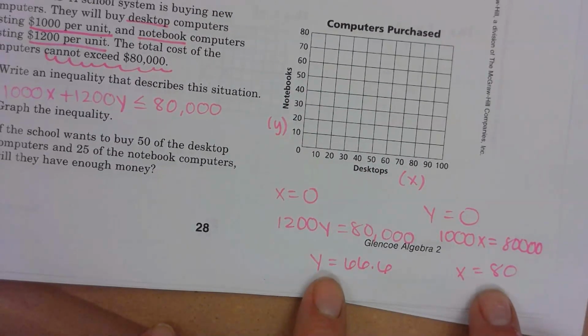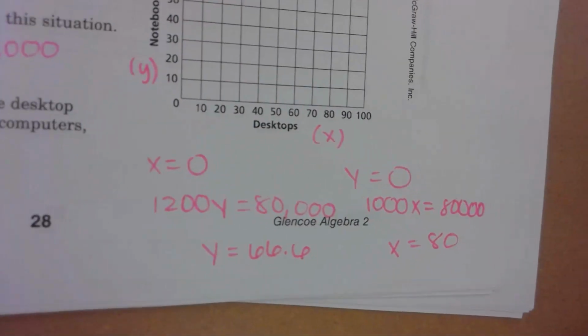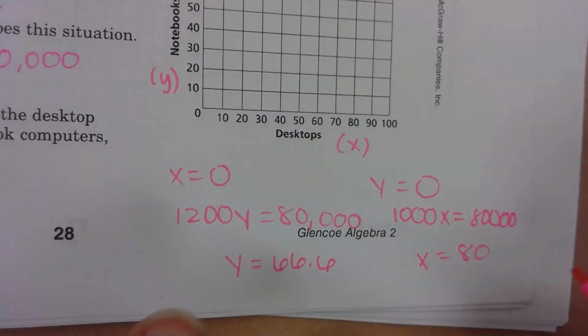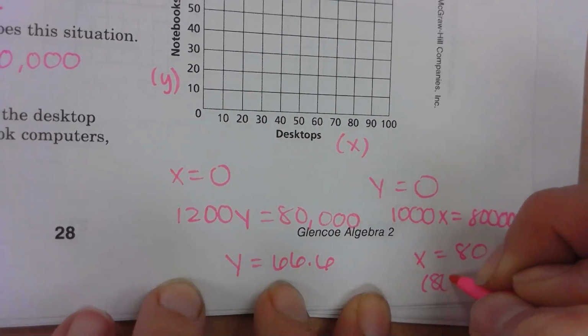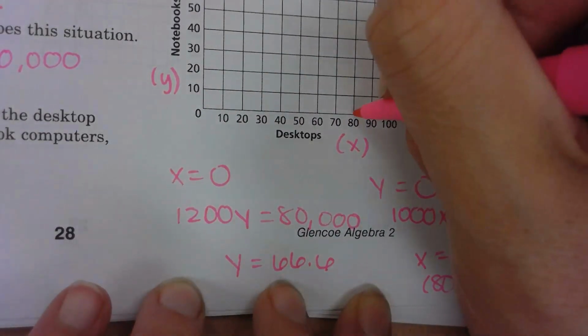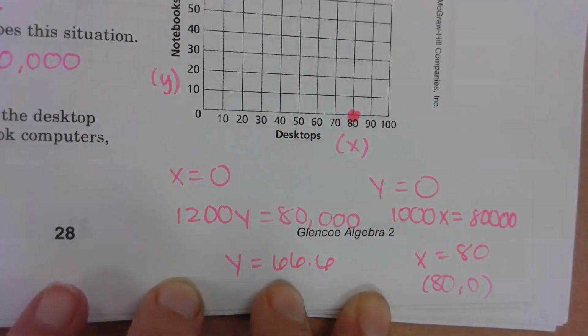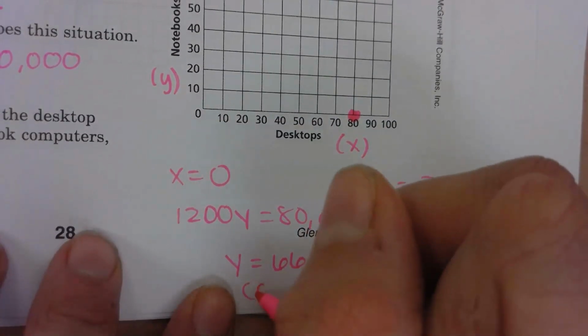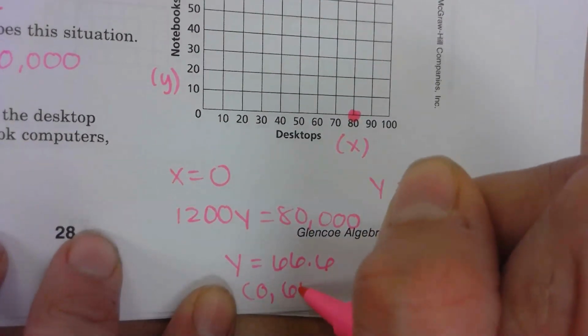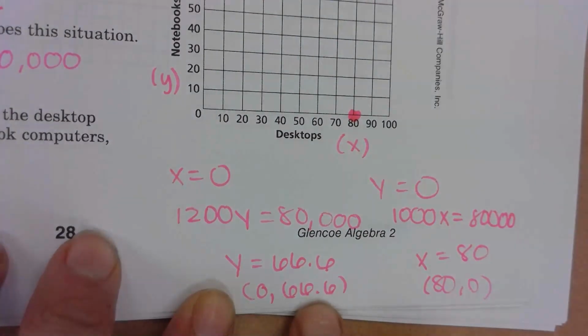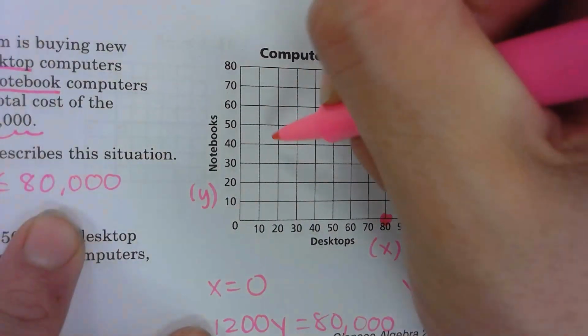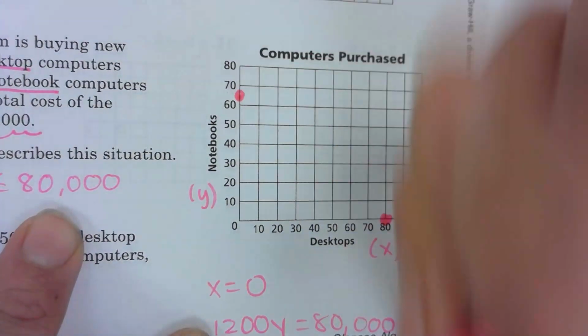So what I'm going to do is plot these, because these are my x and y intercepts. When x is 80, y is 0, so that's this point right here. And when y is 66.6, my x is 0, so that's this point right here.